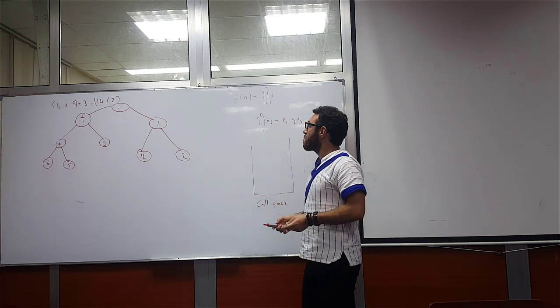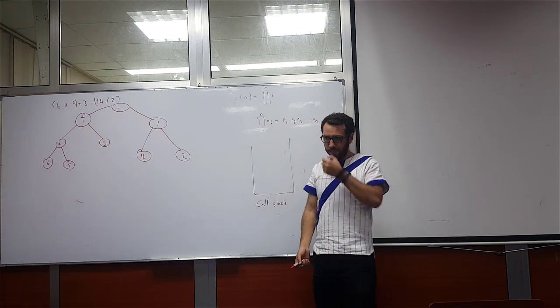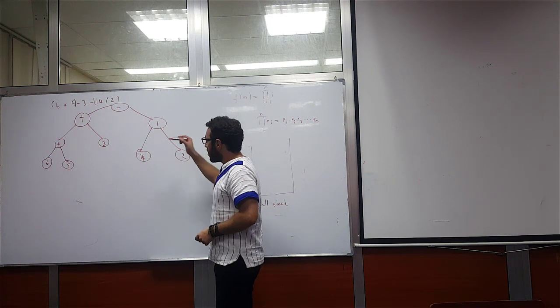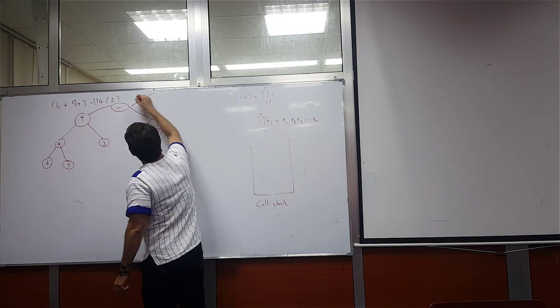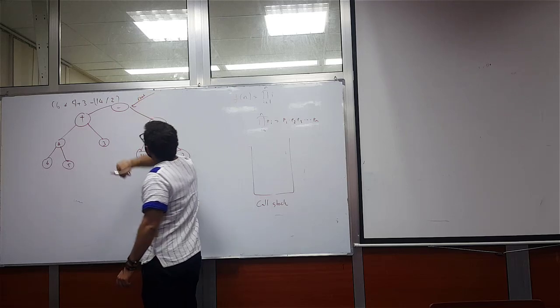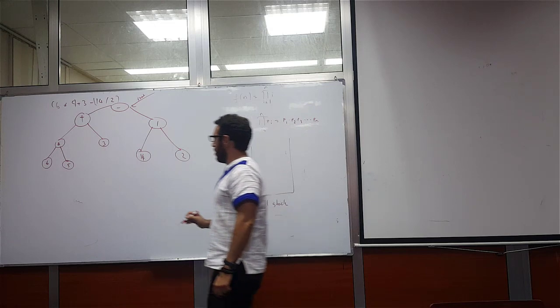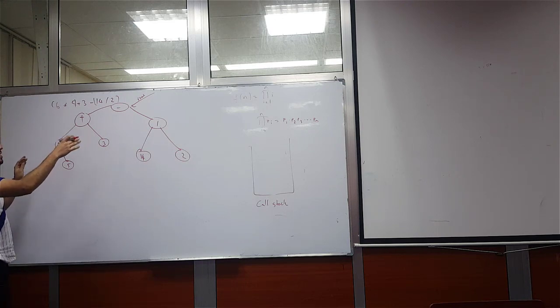So let's say we want to convert this infix expression into a prefix expression. And let's assume we already created the tree, and root is pointing to the top, to the root of the tree. We want to just print the prefix representation of the expression that is included in this tree.